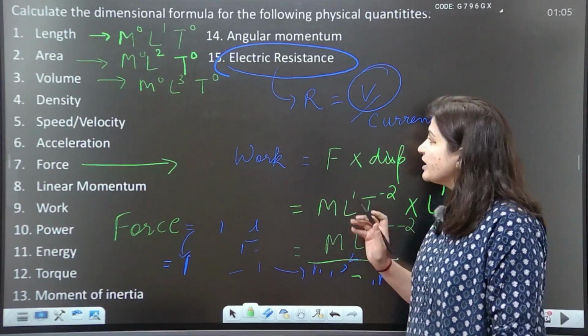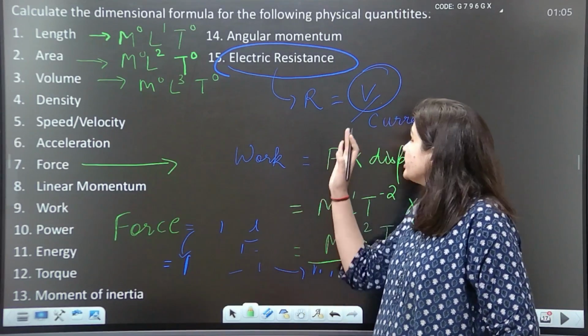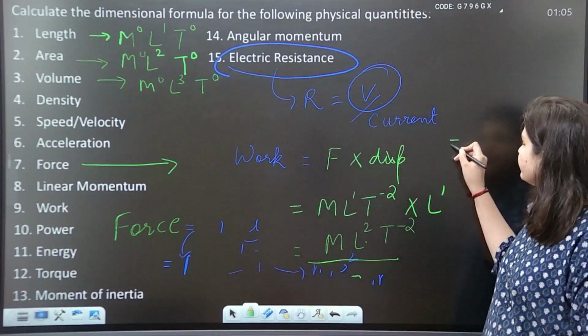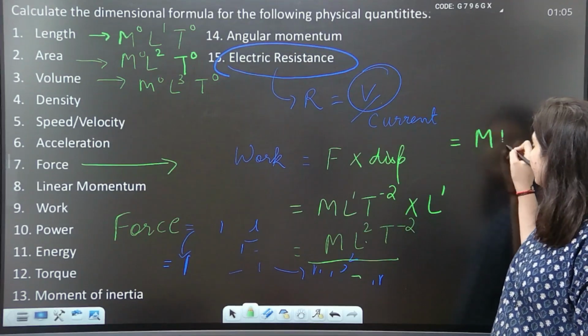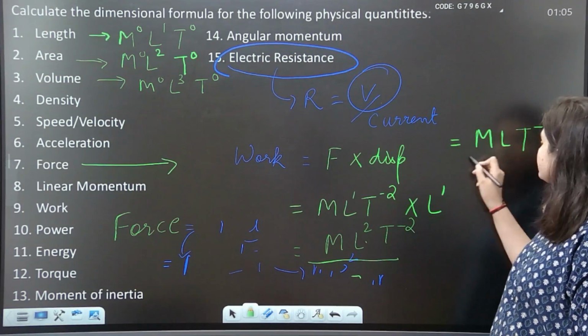So this is the dimension of work done. What is voltage? Work done upon charge, so M L square T to the power minus 3 divided by current.